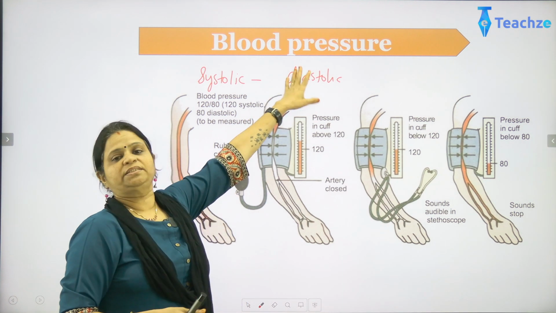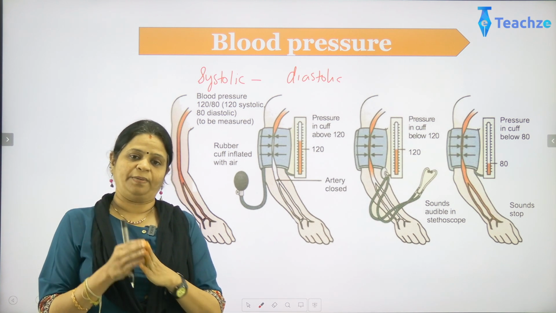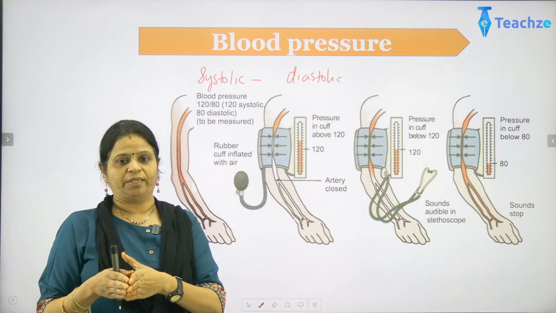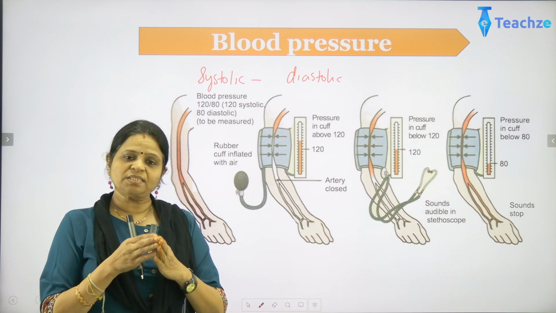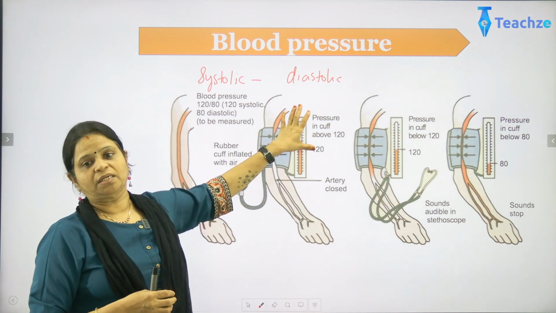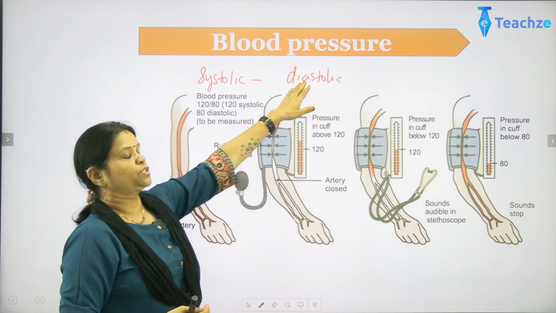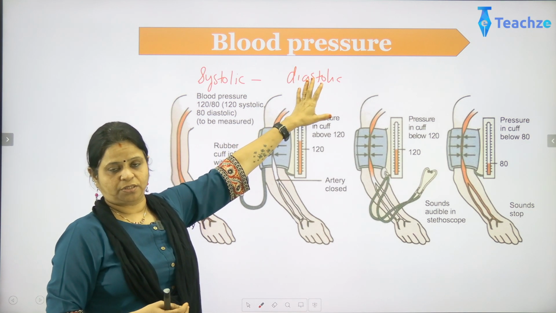What is the diastolic pressure then? The blood will move out by the pulmonary artery as well as the aorta at the same point. Once the blood gushes out through the various blood vessels, the ventricles are in a period of relaxation. That period of relaxation we call the diastolic pressure.